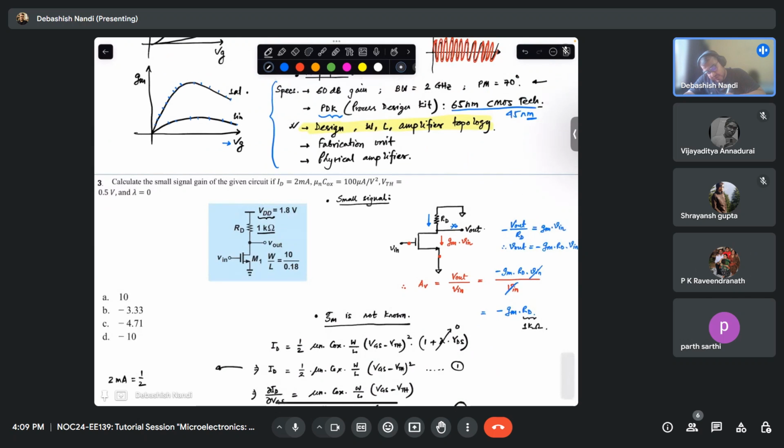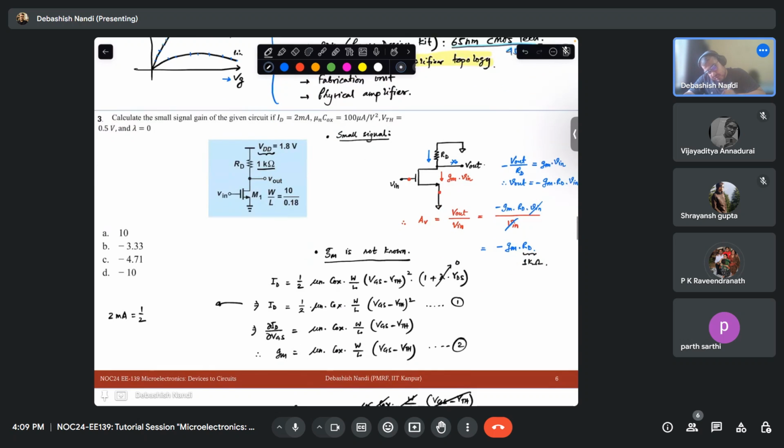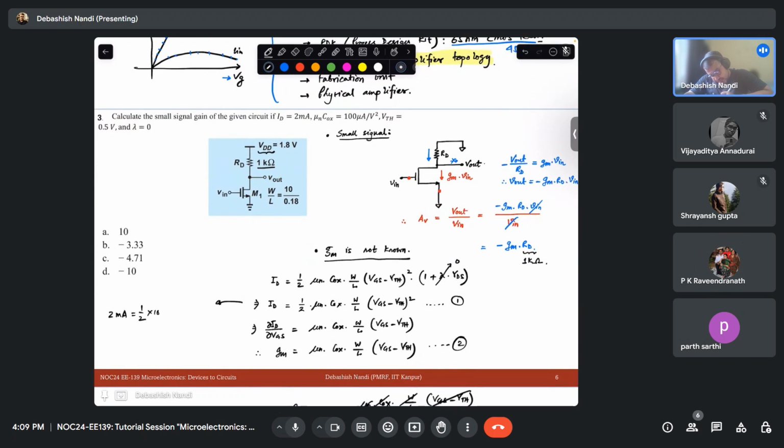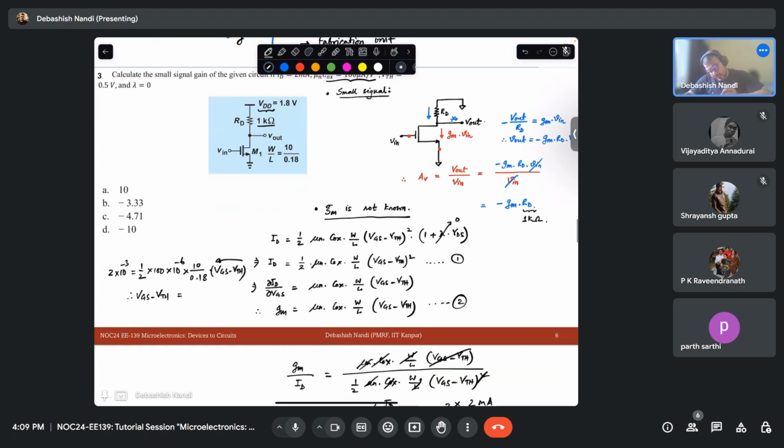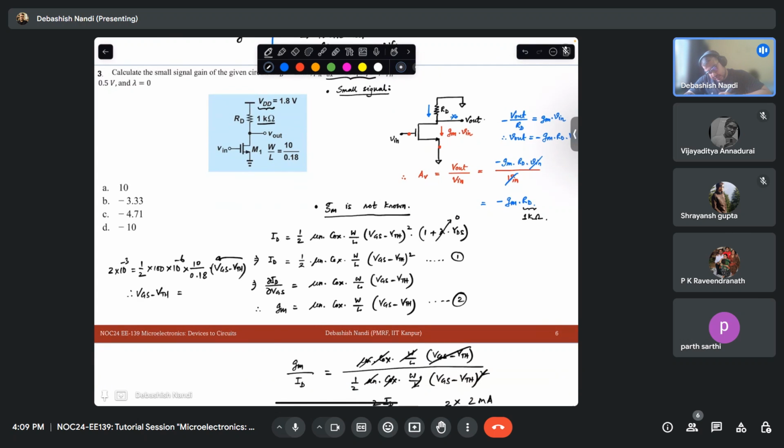Mu n Cox is given as 100 into 10 raised to minus 6, times your W by L, given as 0.18, times your VGS minus VTH. So your VGS minus VTH will be, so this is 1000, this and this will get cancelled.